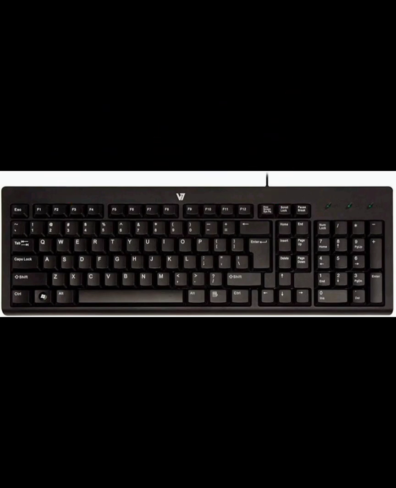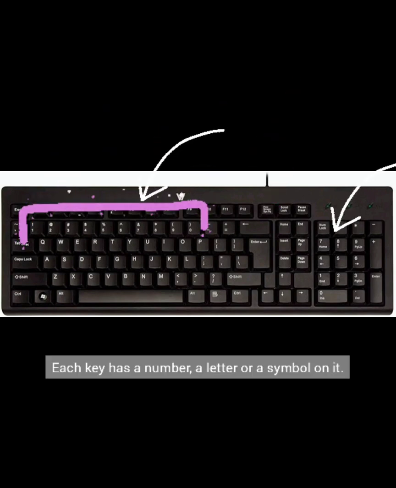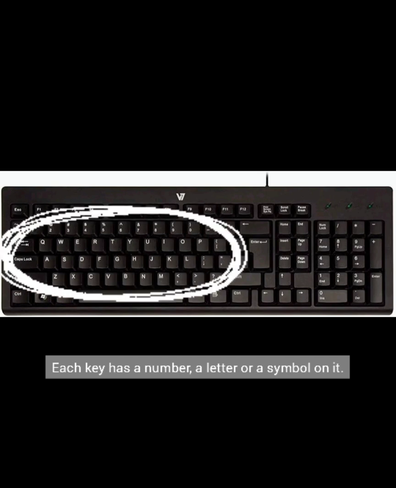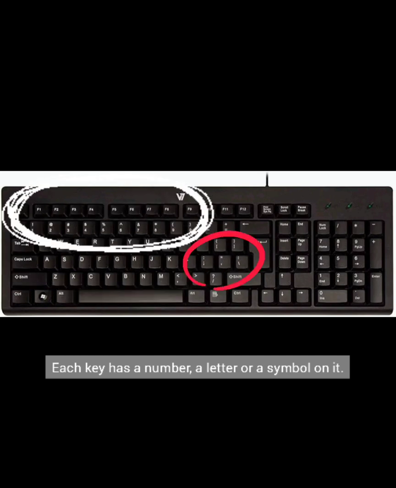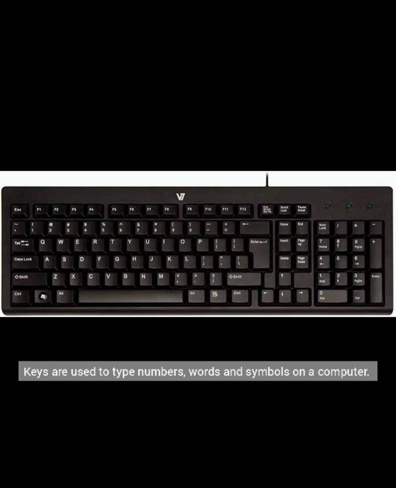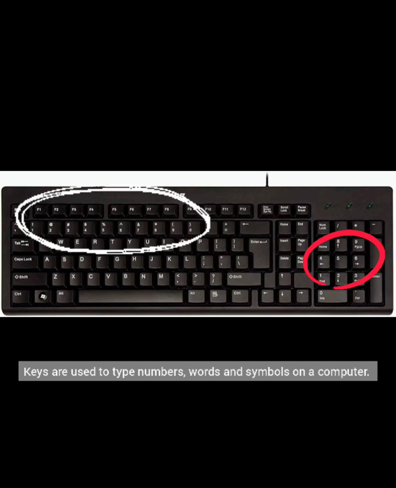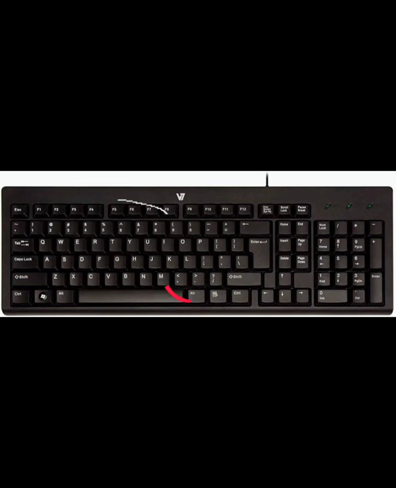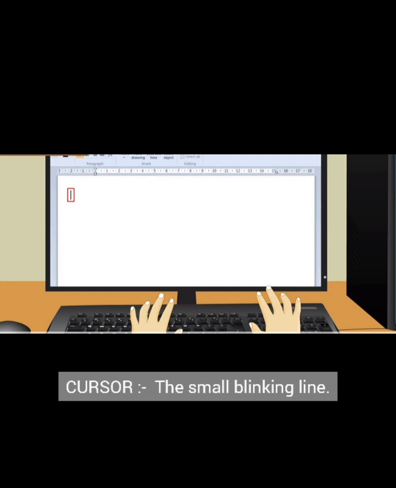Each key has either a number or a letter or a symbol printed on it. These keys are used to type numbers, words and symbols on computer. What are printed on keyboard? Number, key and symbol.